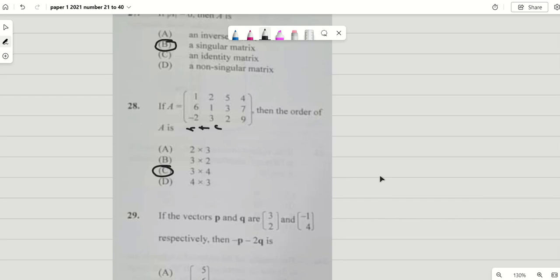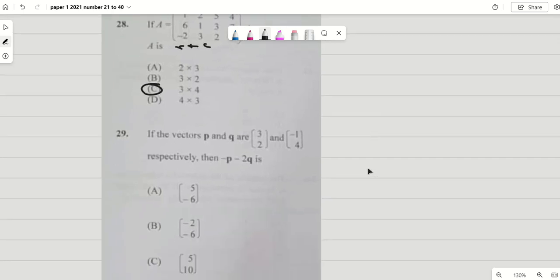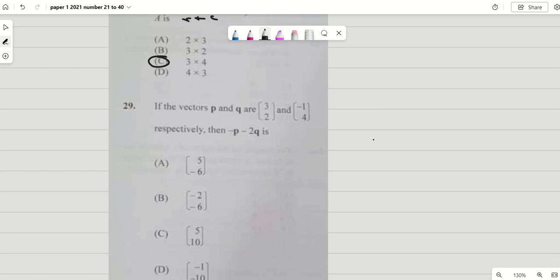This question is a little bit different. They say negative P minus 2Q. That's negative times 3, 2 because P is 3, 2, and then minus 2 times Q, which is minus 1, 4.